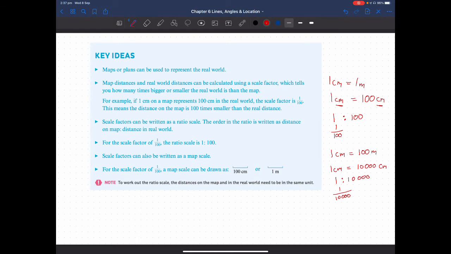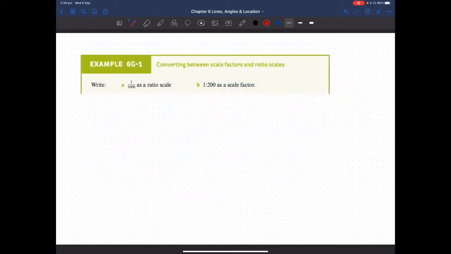Sometimes scales aren't written in a ratio. Sometimes they will draw the scale on the map, and they might draw something that long, and they tell you that distance is 10 metres. For part A of this example, it asks us to write 1/1000 as a ratio scale.